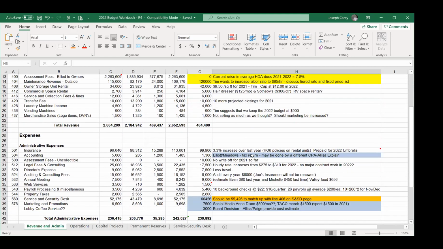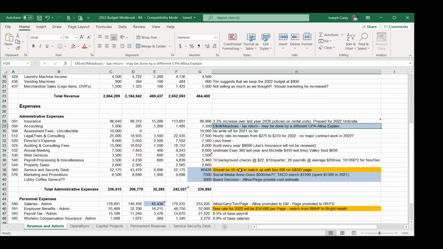Anything with this light blue highlighting are note items, or items that we should probably talk about. And anything in this orange highlighting are changes I made since I sent this out day before yesterday to the board.